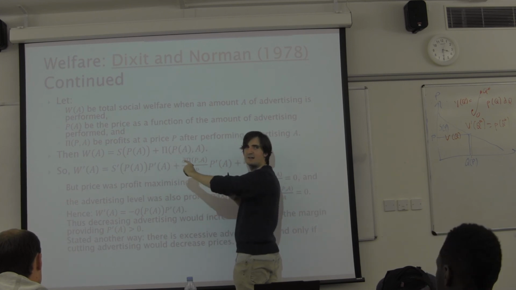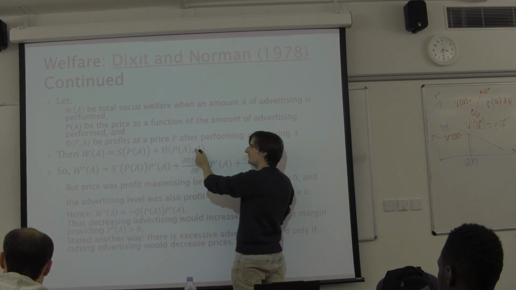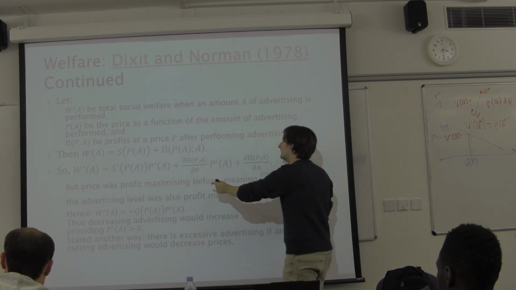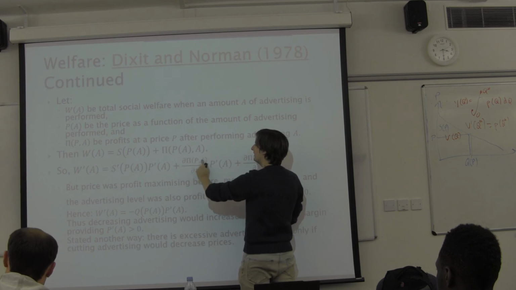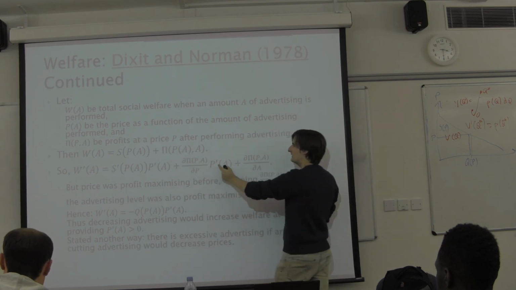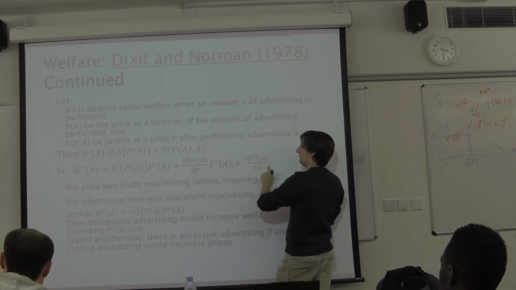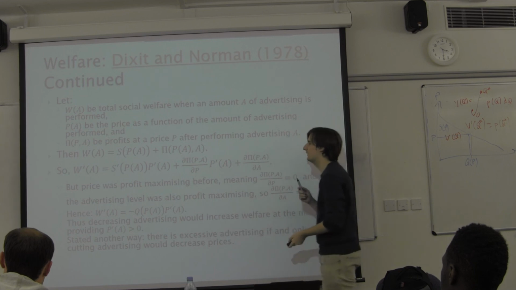You must have done in first year. So you just take the derivative with respect to the first argument plus the derivative with respect to the second argument. So we get partial derivative of profits with respect to the first argument times the derivative of that first argument plus partial derivative of profits with respect to the second argument.